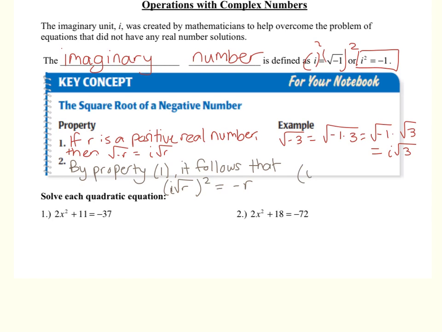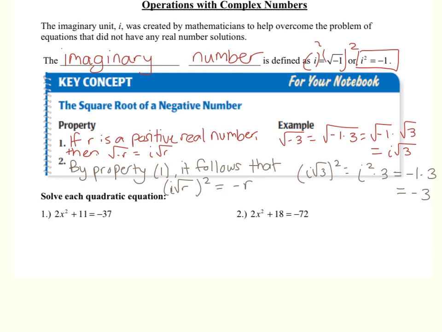So if we take that i square root of 3 and square it, well, i squared, and then squaring the square root undoes the square root, times 3, and we defined above that i squared equals negative 1. It'll be negative 1 times 3, and we will in fact get negative 3.